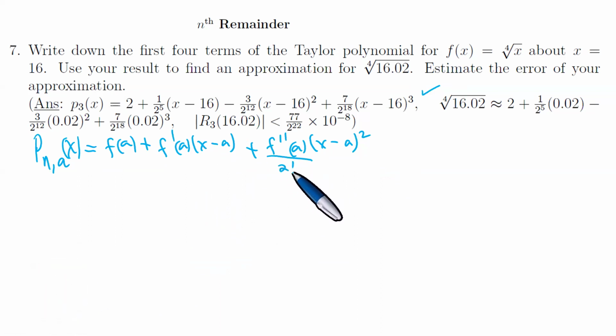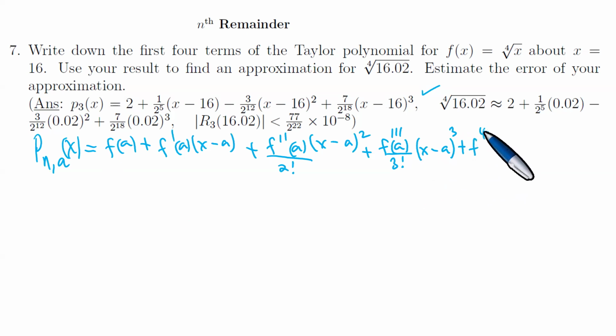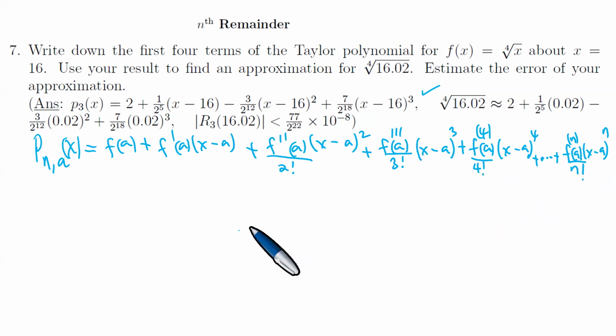So you have this one. And then you're going to have f to the 4th derivative, and then you raise it to the 4 factorial, and then you go on and on and on, 1, 2, 3, up to f^(n) of a times (x minus a) to the n over n factorial. So this becomes the Taylor.